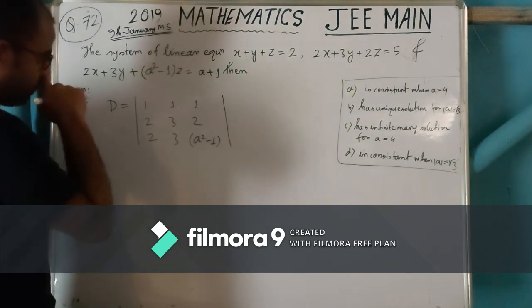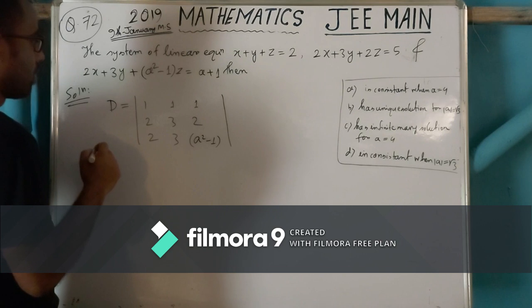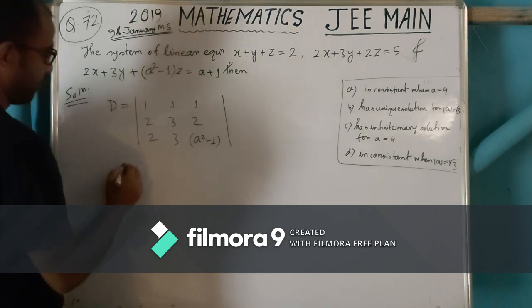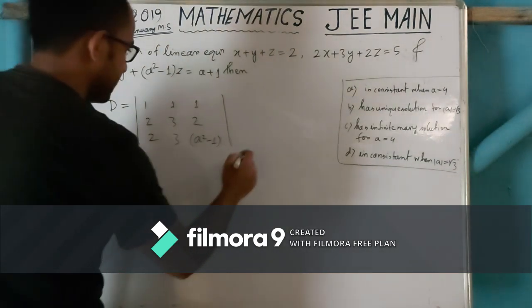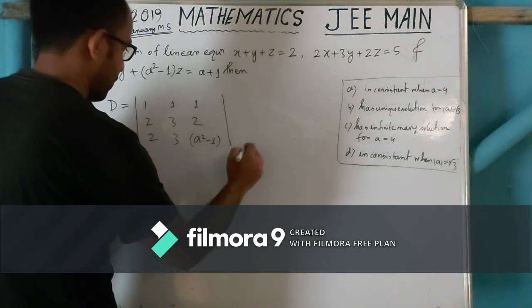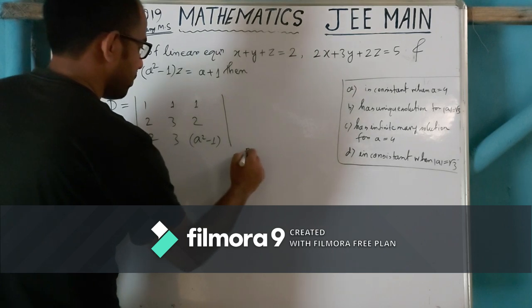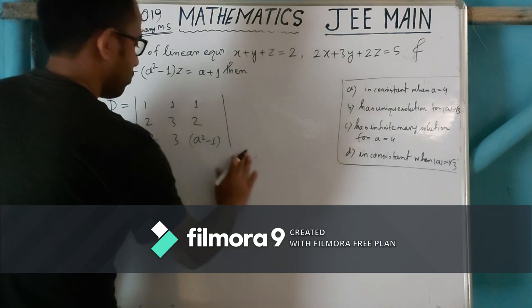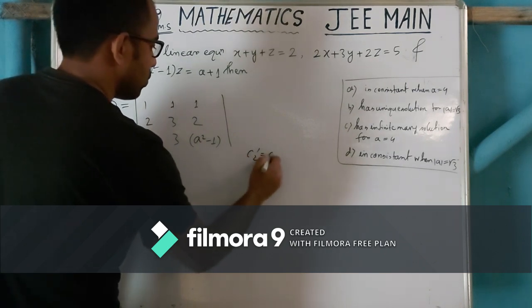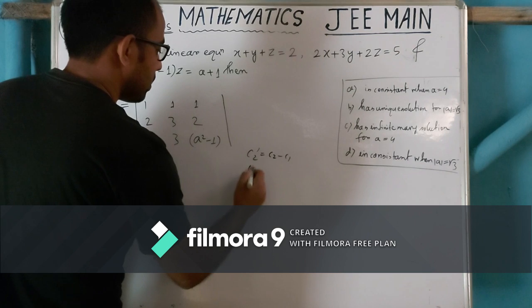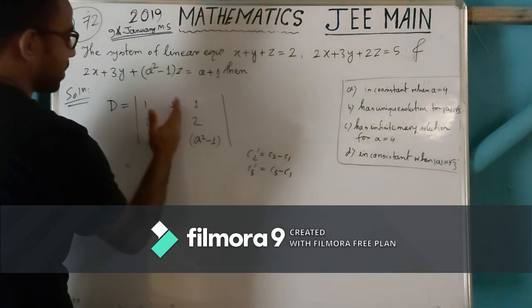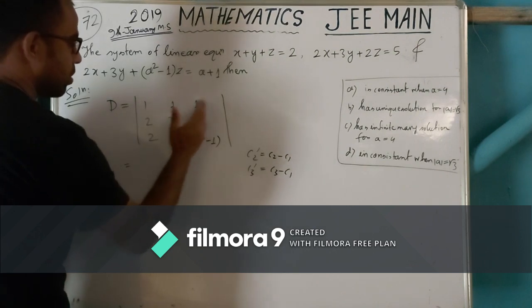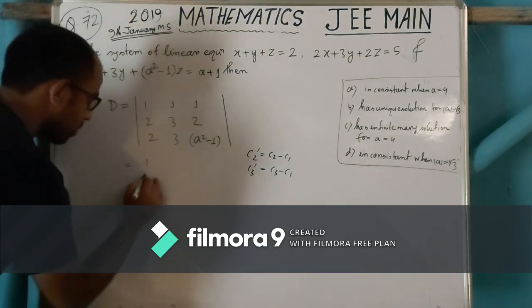First we simplify. We take C2 dash equal to C2 minus C1, and C3 dash equal to C3 minus C1. So this column is subtracted from the second column and from the third column, and the first column is unchanged.